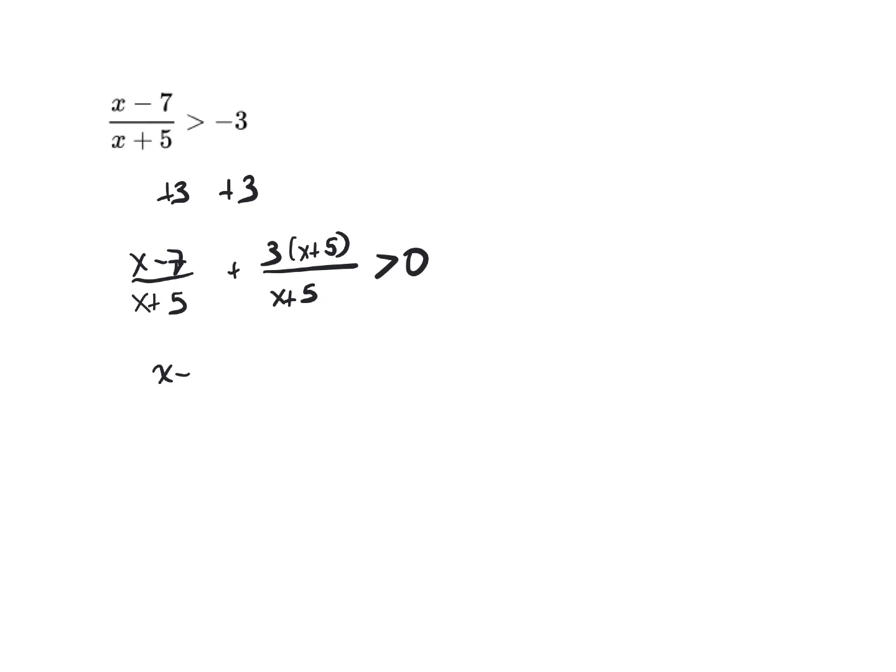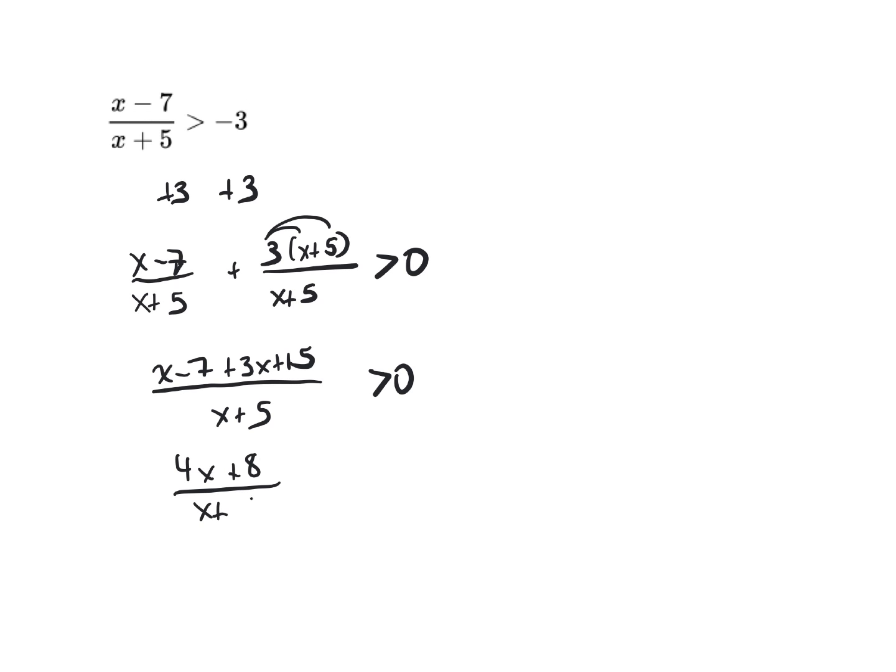So we'll get x minus 7 plus 3x plus 15 by just simply distributing the 3 all over x plus 5, greater than 0. So finally we end up with 4x plus 8 over x plus 5, or 4 quantity x plus 2 over x plus 5, all greater than 0.